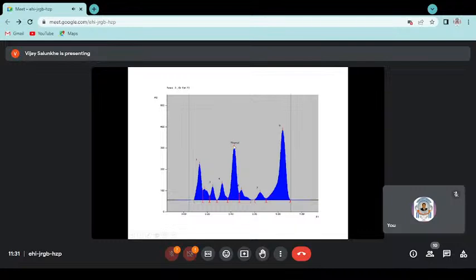You can compare the peak of thymol with the standard one. In case of the standard sample, you can get only one peak, but whenever you analyze your sample, that sample gives rise to many peaks. So by comparing the one peak of thymol of the standard, you can compare it with the thymol present in your herbal extract.